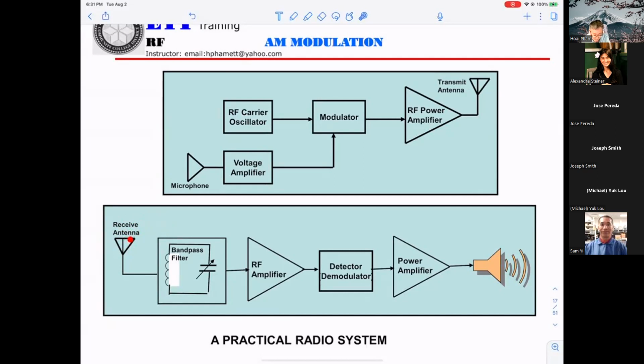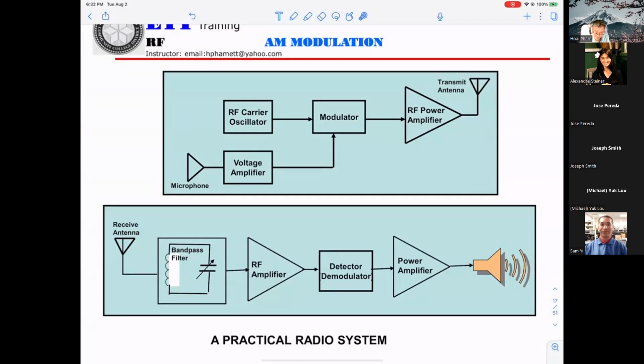However, when you tune your radio, you are changing L and C, which makes a band pass filter. It will allow only the channel you want to go through. Then it goes to the amplifier to amplify the signal.